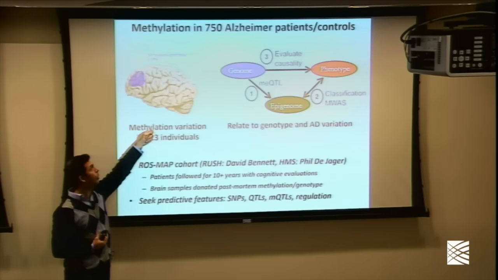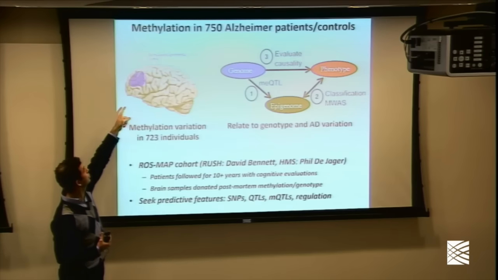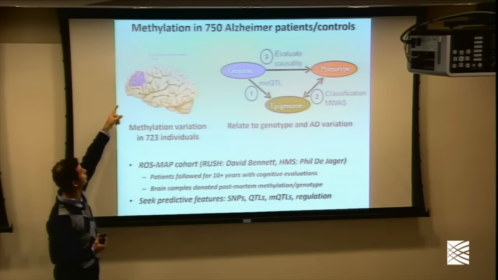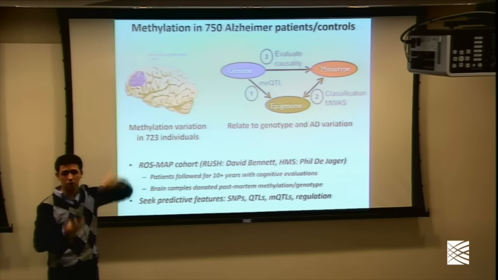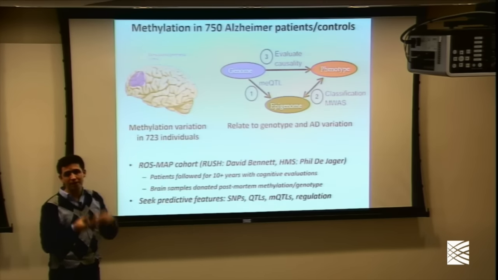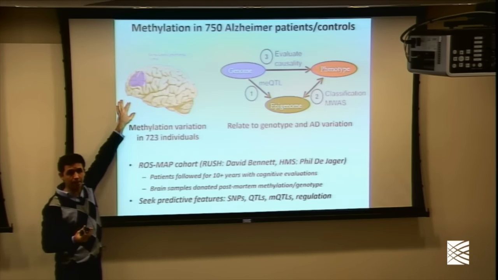And we can now go and measure in the dorsolateral prefrontal cortex the methylation pattern or the chromatin immunoprecipitation level of particular marks, or the chromatin accessibility level, or the gene expression level, actually all of the above, in specific regions of the brain.